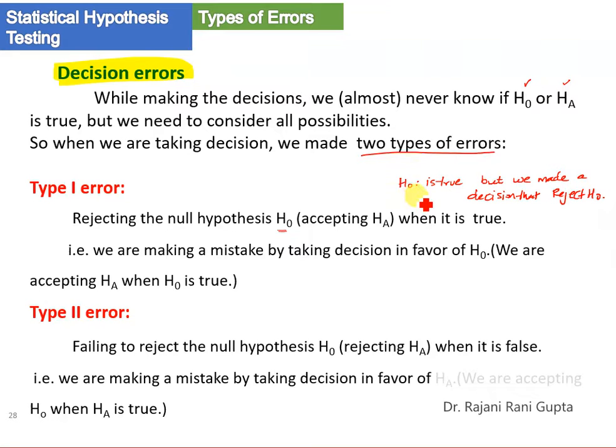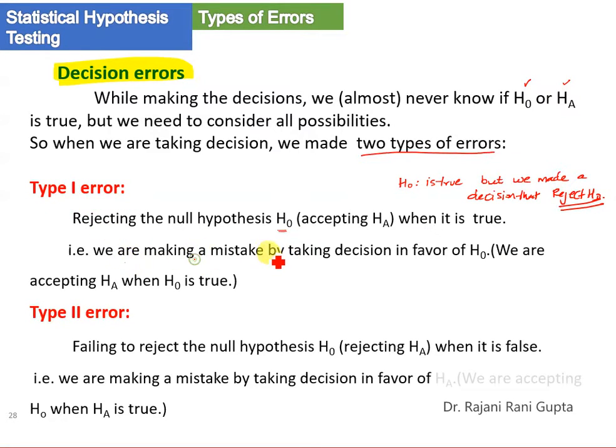Whatever the statement under consideration, it was true, but due to the calculations, the evidence and the given data, we rejected the null hypothesis. Such errors are called type 1 error.